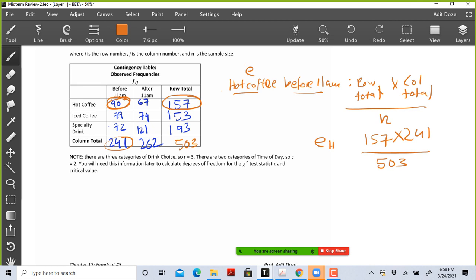So that is what it comes out to. What was it? 157 times 241 divided by 503 is 75.22. Yeah, mine's wrong, sorry about that.